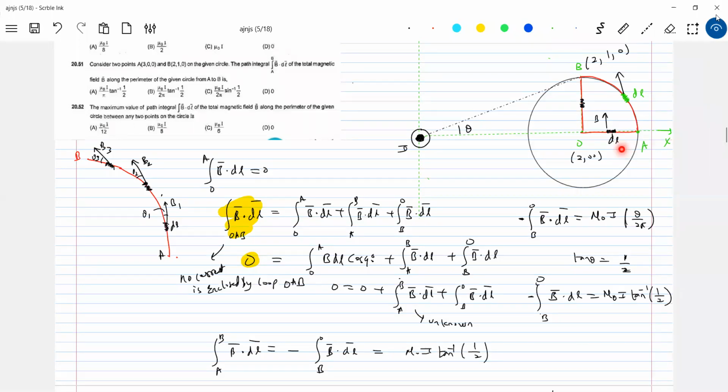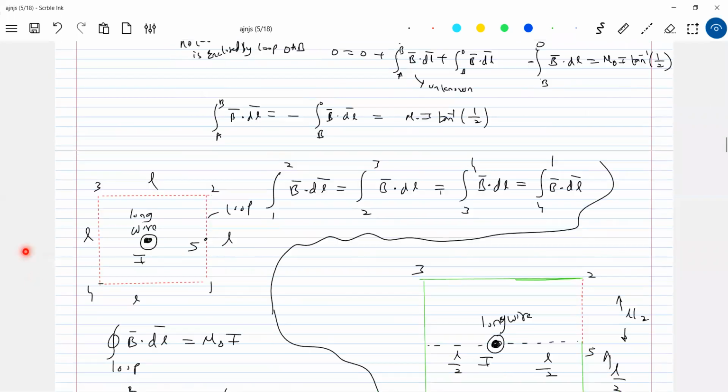I think you have to read the question: along the perimeter of the given circle between any 2 points on the circle. What is the meaning of this?